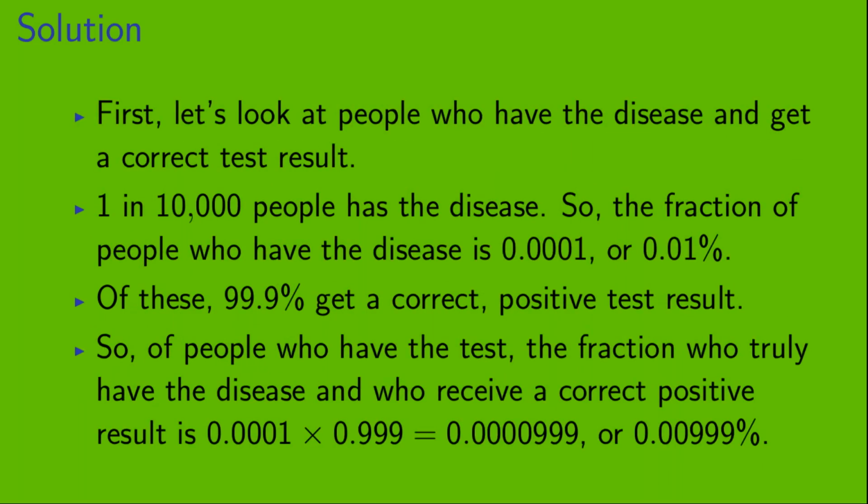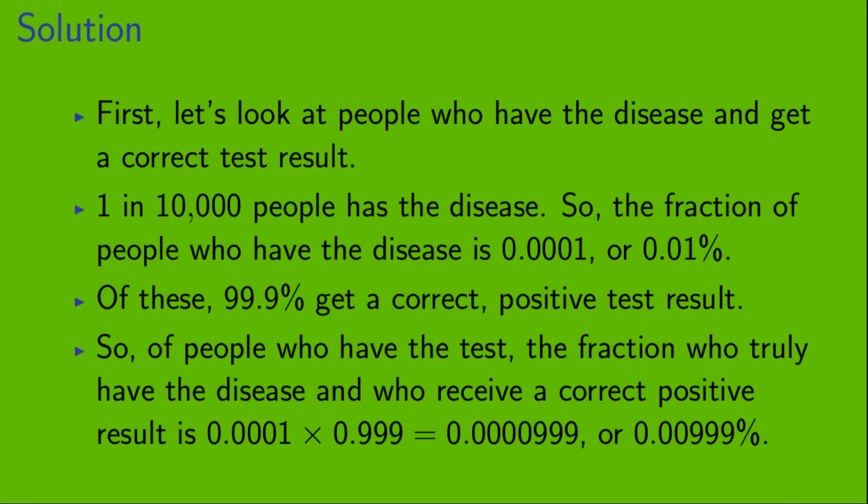First, let's look at people who have the disease and get a correct test result. So 1 in 10,000 people has the disease. So the fraction of people who have the disease is 0.0001 or 0.01%. Of these, 99.9% get a correct positive test result.